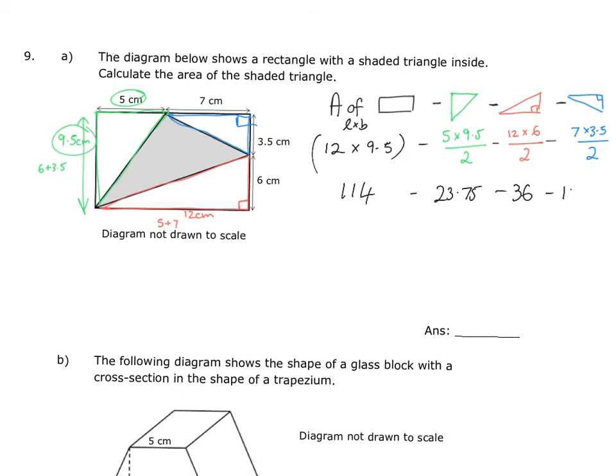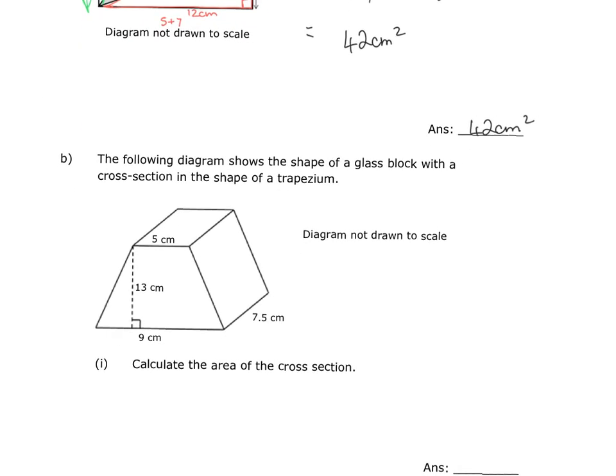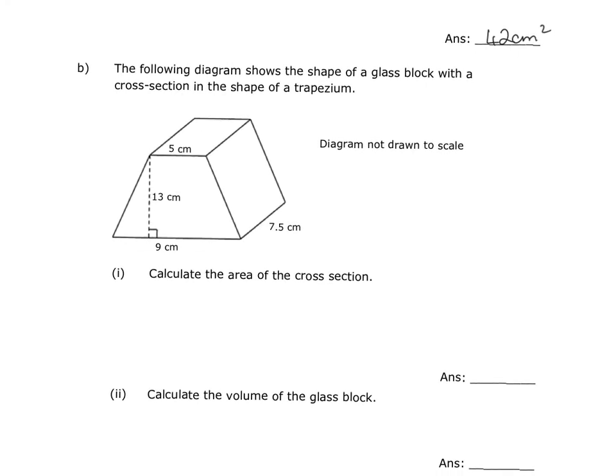And this is 12.25. So start with the area of the rectangle and subtract the others. And my final answer is 42 centimeters squared. That is the final shaded triangle, because from the whole rectangle we eliminated these two triangles to get this one over here.